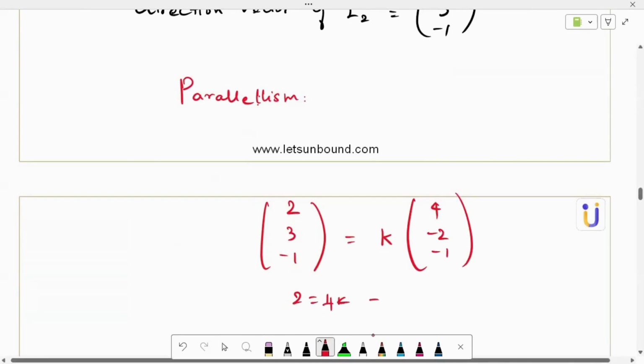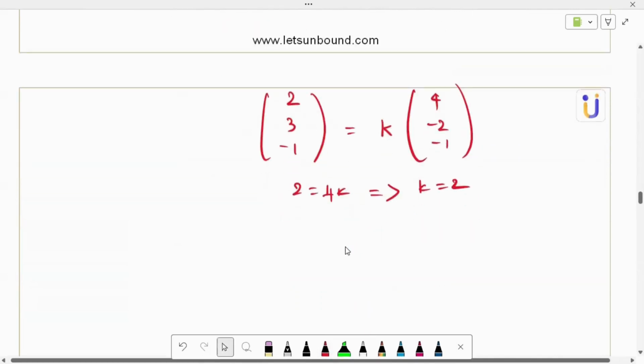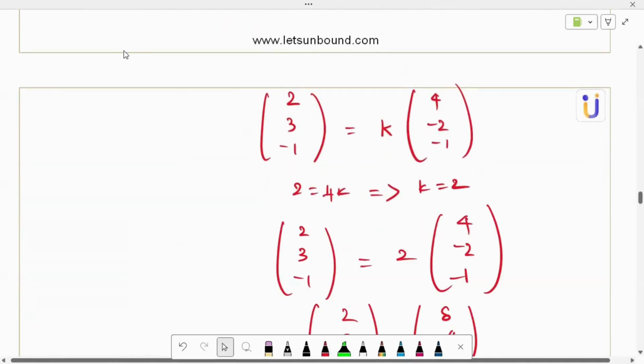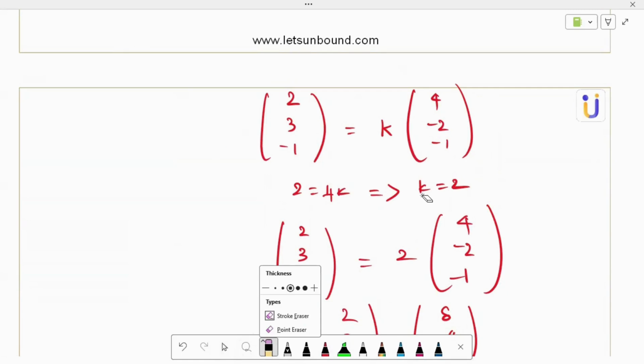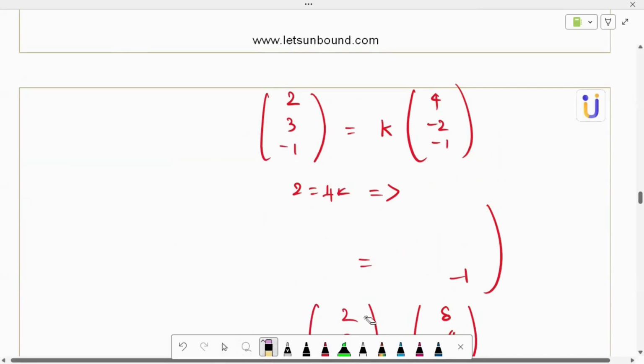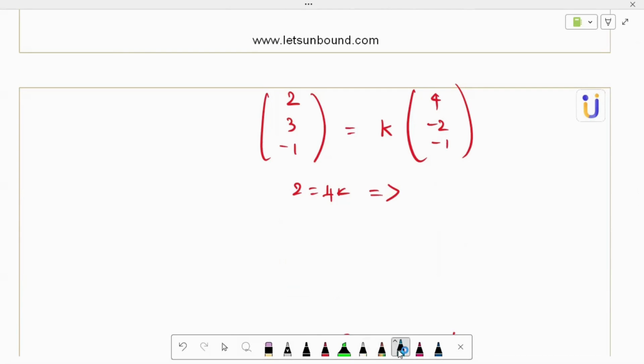So when you equate it, you will get K equal to 2. Good. If K is 2, okay, wait a second. So here K is actually 1 by 2, right? But anyway, we'll get that they are not parallel. So K will be half.